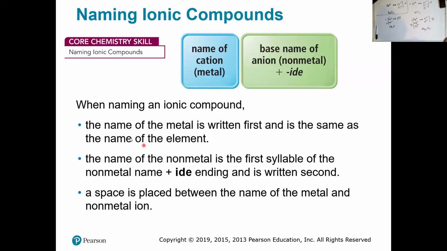So when you're naming an ionic compound, you name the metal just with its regular name. And then the name of your nonmetal is going to be the first syllable of the nonmetal name with the IDE ending, and it's always going to follow the name of your metal. Okay. And you can put a space between them.